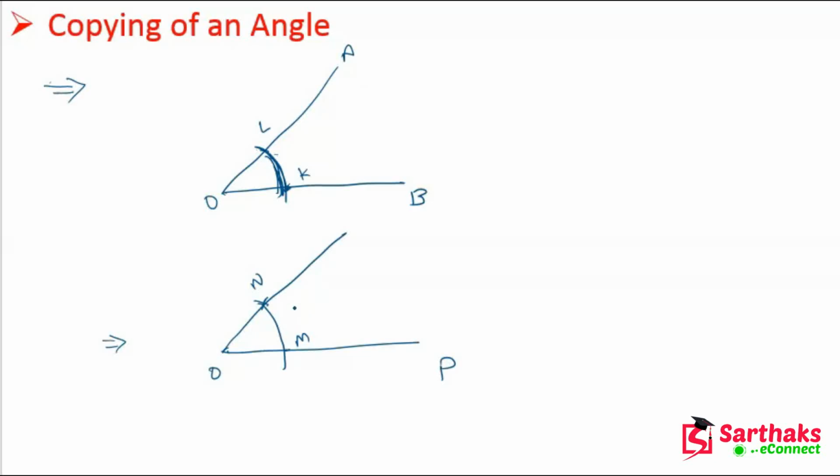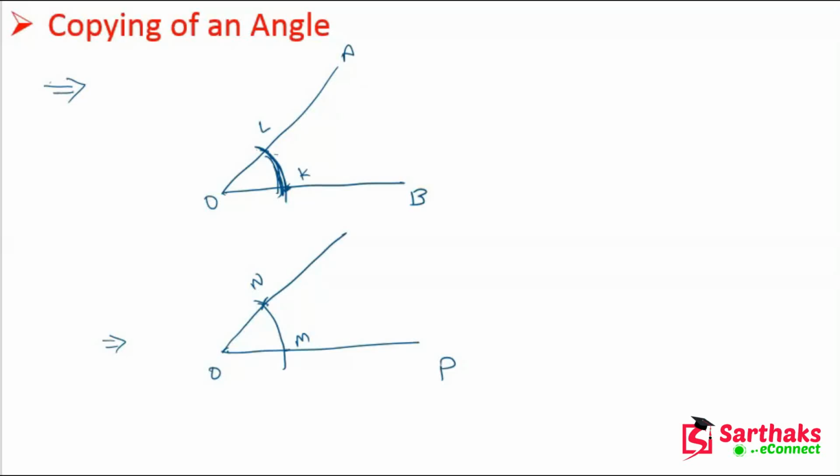So my dear friends, I hope you understand these things. So in this lecture we learned about the construction of angles and bisecting of angles. We learned how to draw 120 degree, 60 degree, 30 degree, 90 degree and 45 degree angles.